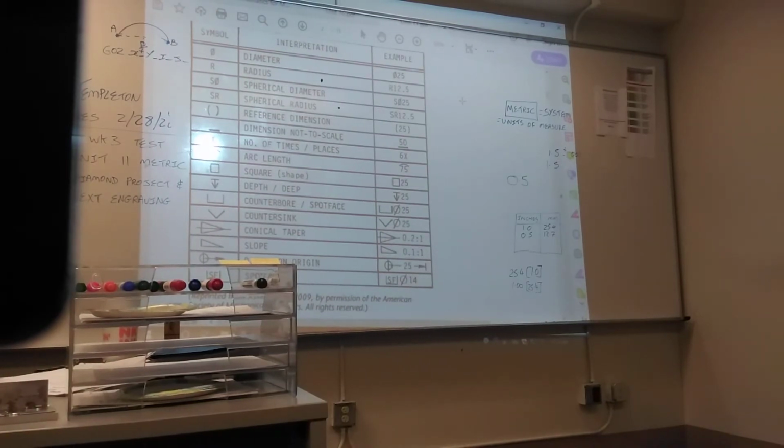Conical tapers are generally on round parts that are symmetrical on the center line. So this here is a conical taper. Right? A slope is when that angle is only affecting one feature on one side. So this here is a slope. Right? It's just an angle, an incline. That's all a slope is.